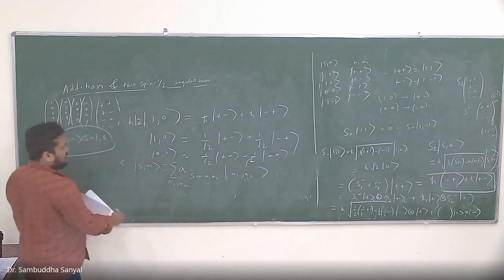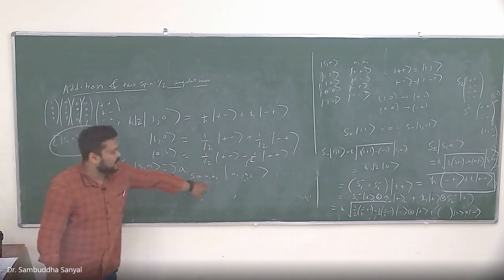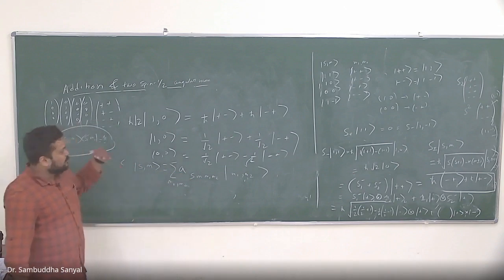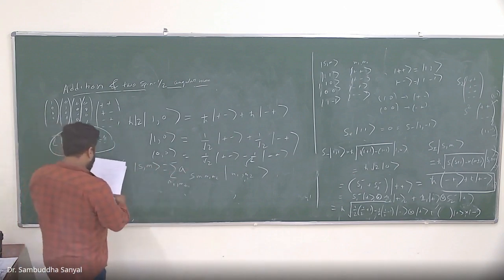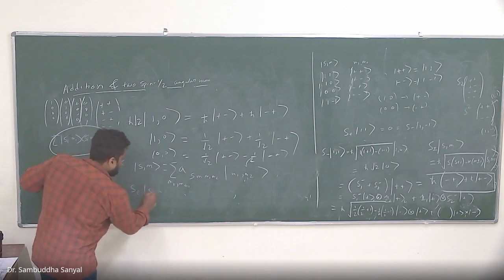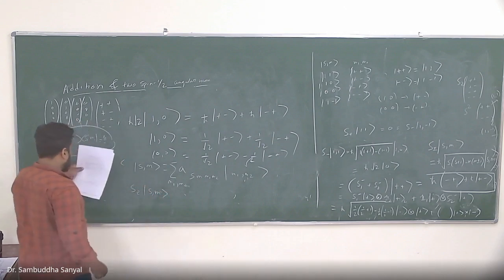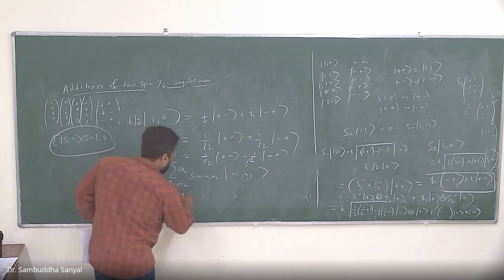Now notice that this M will always be a sum of this M1 and M2, which we know already intuitively because angular momentum has to be conserved, but you can also show it. You can show it by writing Sz acting on Sm will give you h bar.